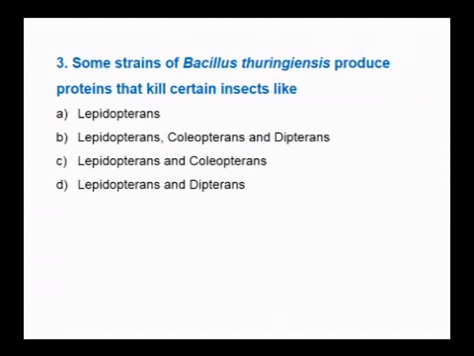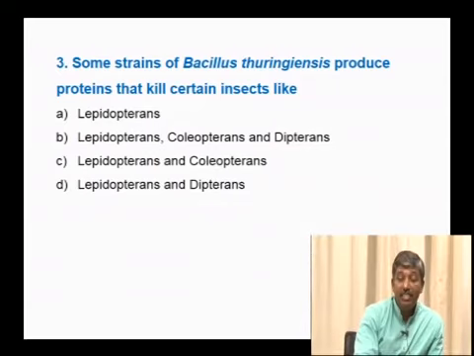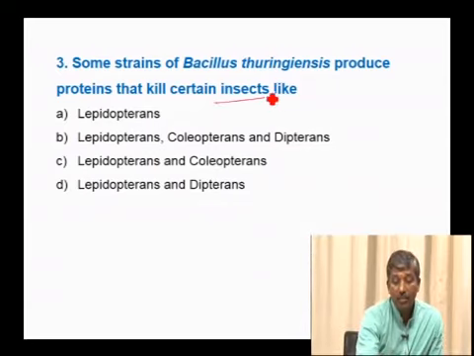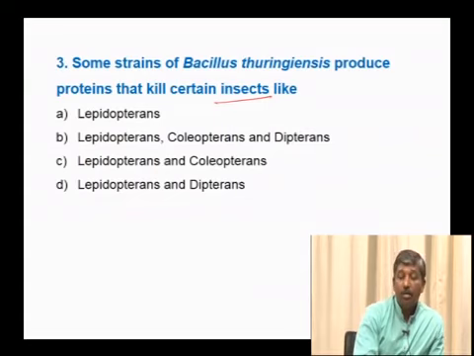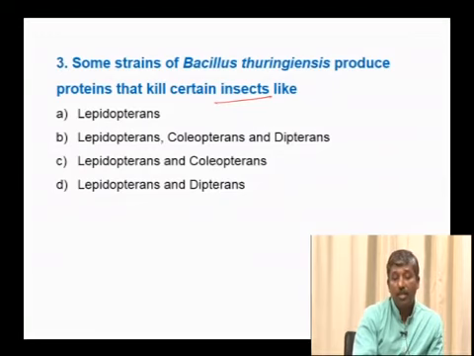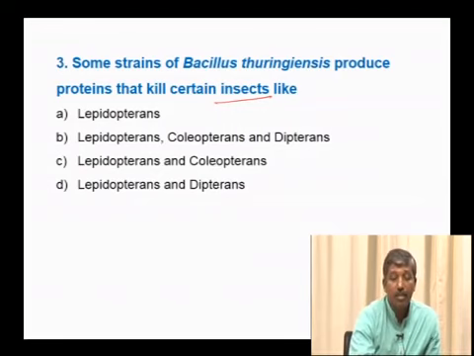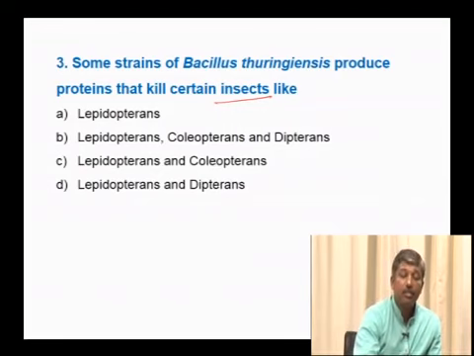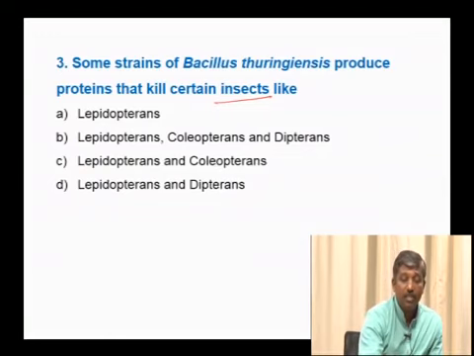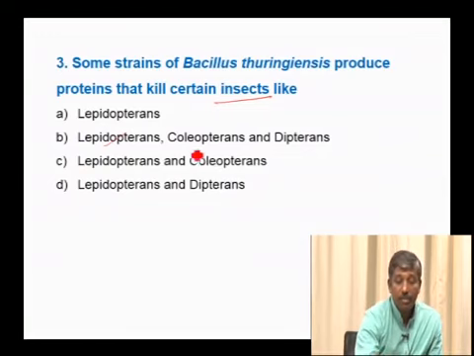Next, some strains of Bacillus thuringiensis produce proteins that kill certain insects like. Generally insects belong to class Insecta, which includes four orders: Lepidoptera, Coleoptera, Diptera and Hymenoptera. Most of the crystal proteins produced by Bacillus thuringiensis act on Lepidopterans, Coleopterans as well as Dipterans.